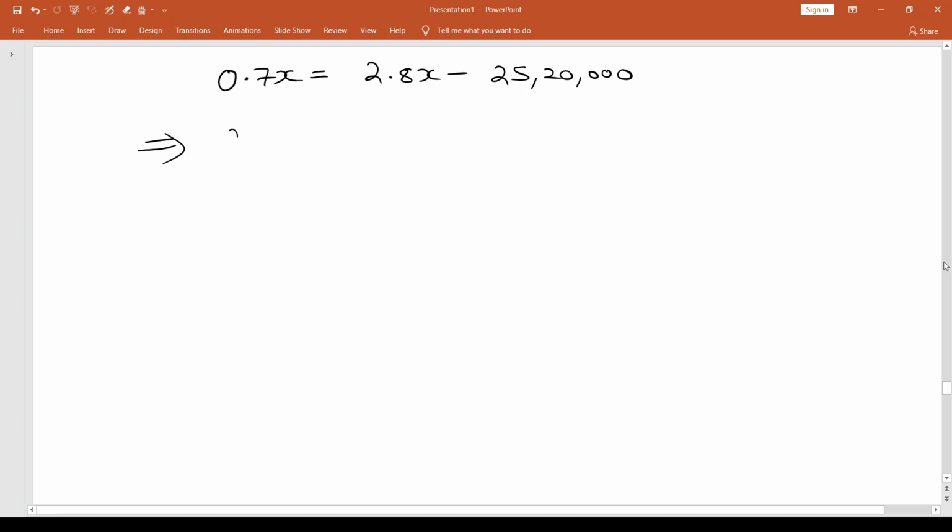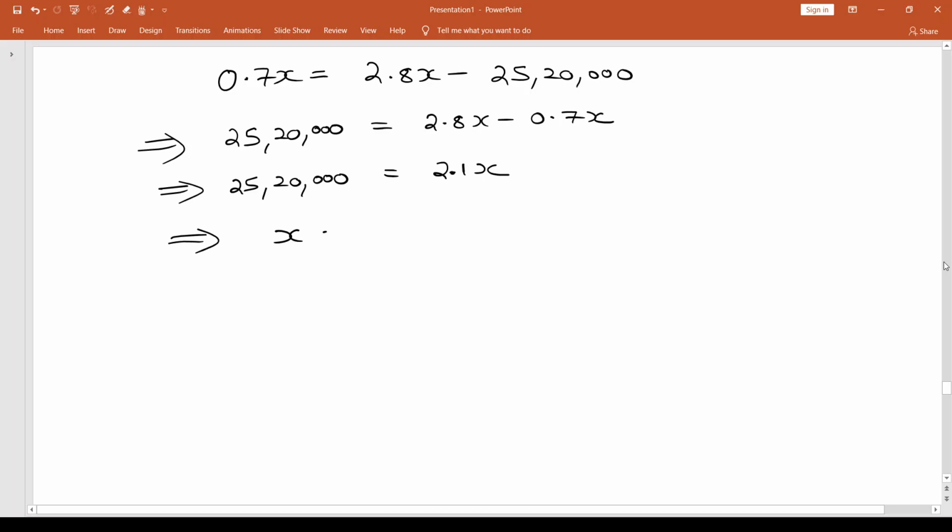If I bring 25 lakh 20,000 to the other side, then 2.8x minus 0.7x, so 25,20,000 is equivalent to 2.1x, which means x is 25,20,000 divided by 2.1. That's going to give me 12 lakhs.